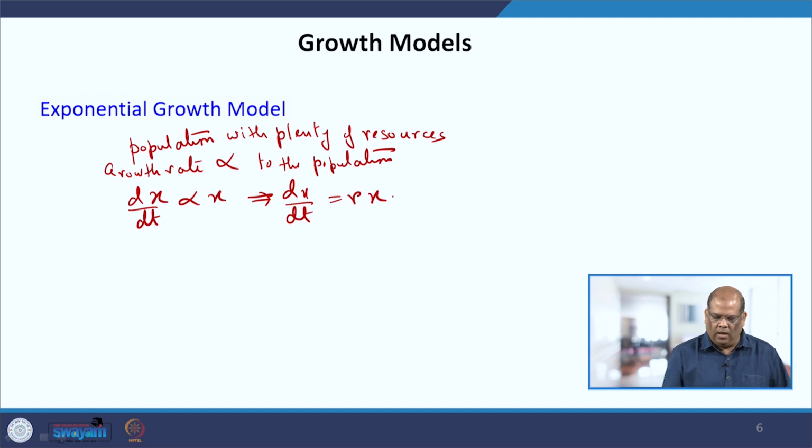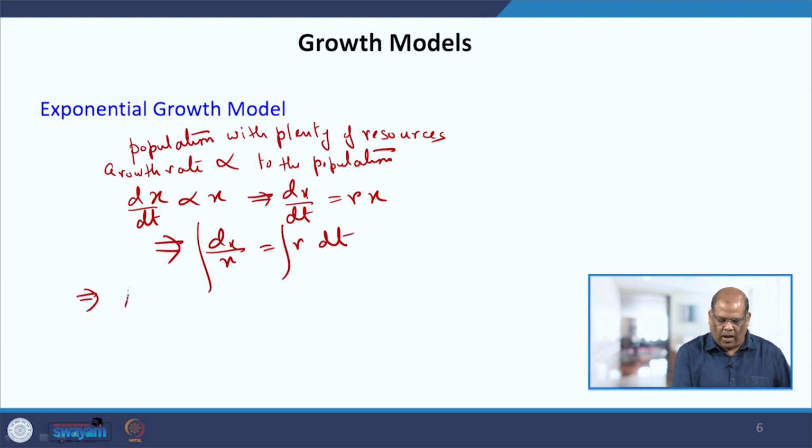Now, if you simply solve this differential equation, this will imply log x equal to rt plus an integrating constant. So, ln x means the base is e.